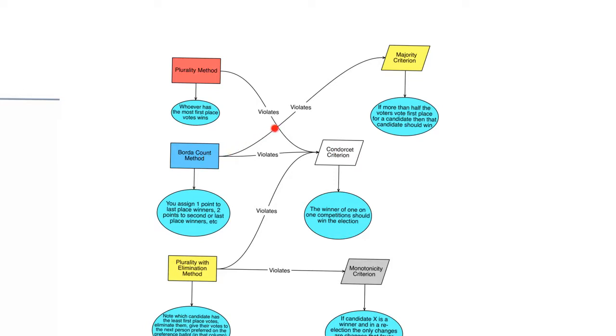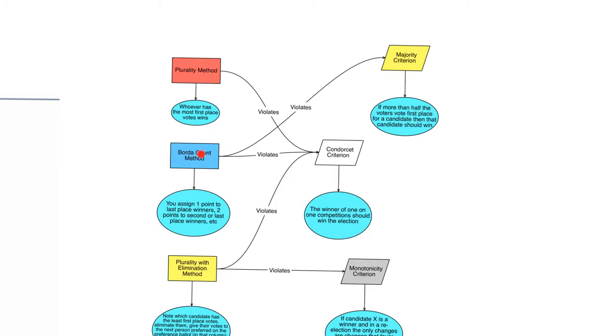The majority criterion says that if a candidate wins more than half of the voters' votes, and we're talking about the total population of voters, then that candidate should win the election. Now, the Borda count can definitely violate that. And to be more precise, if more than half of the voters vote first place for a candidate, that's what I should say, first place.